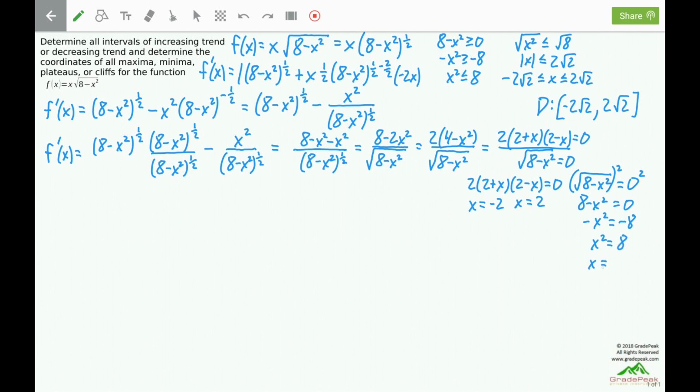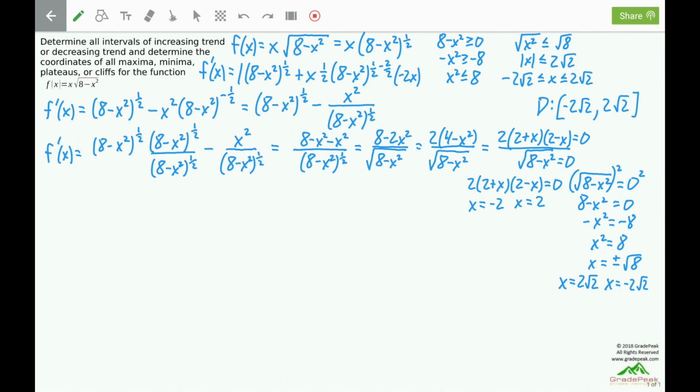And then we can take the square root of both sides, which will give a plus or minus square root of 8. Now the square root of 8 is reducible, once again, to 2 square root of 2. So this will give x equals positive 2 square root of 2, and x equals negative 2 square root of 2.